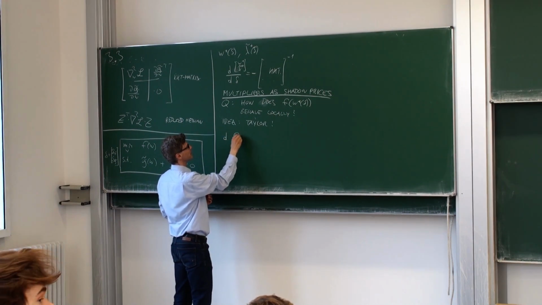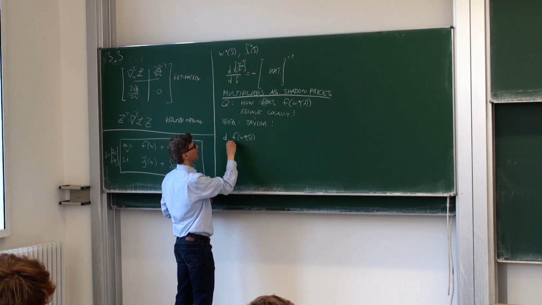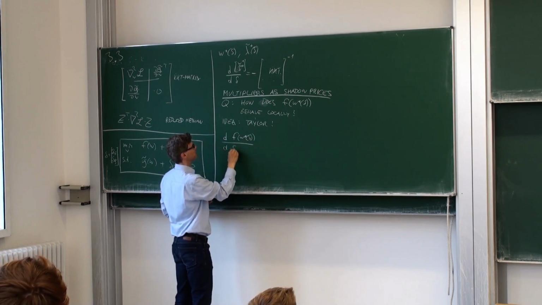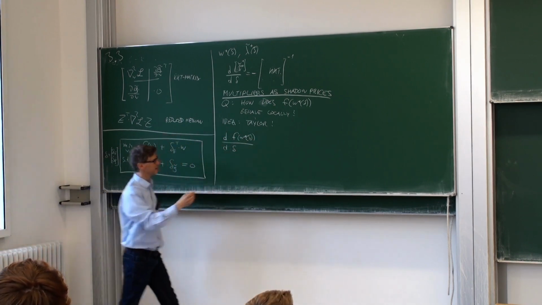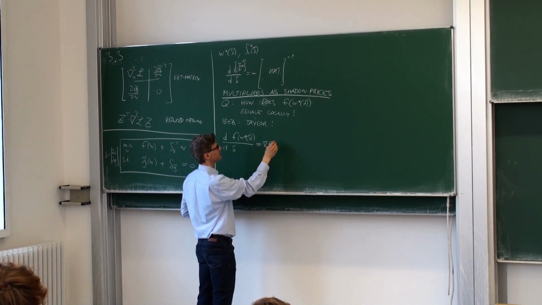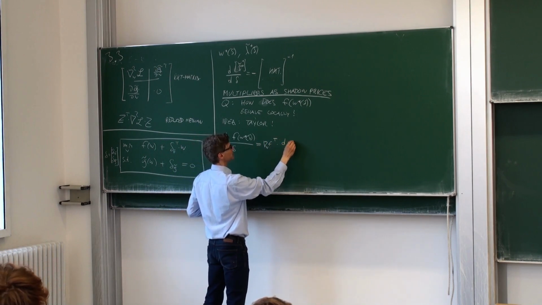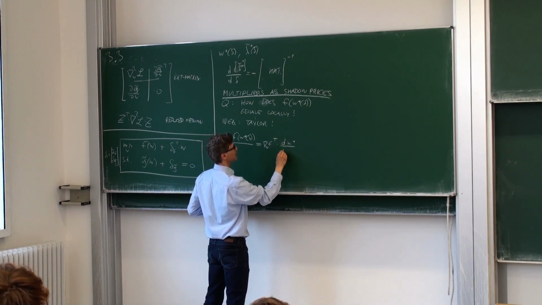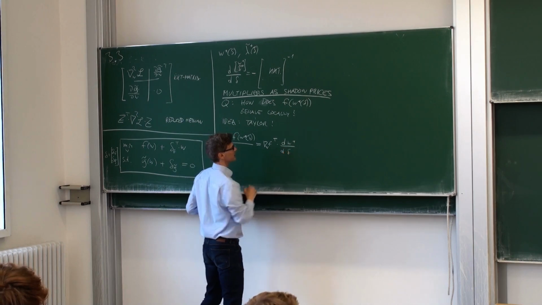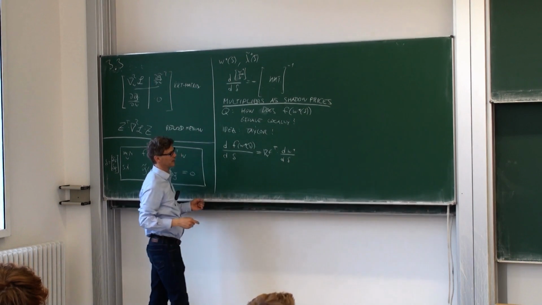So the total derivative of this expression here with respect to delta. And obviously this is nothing else than the gradient of f with respect to w transpose times dw star differentiated with respect to delta, which is the upper part of that.